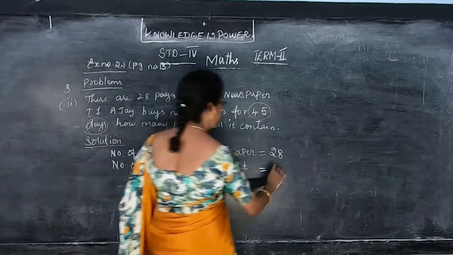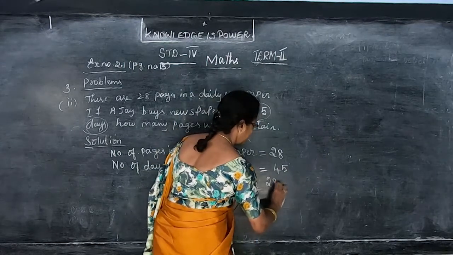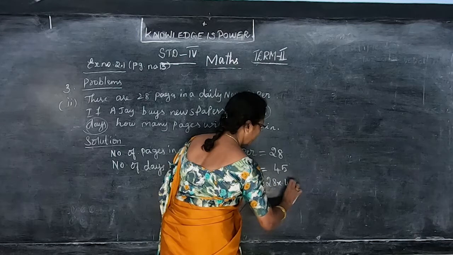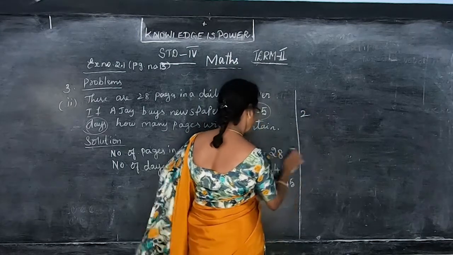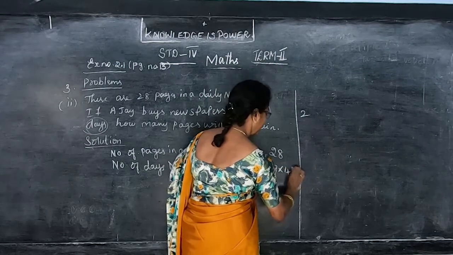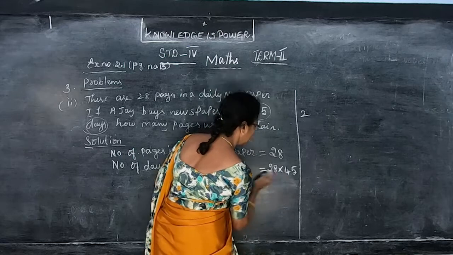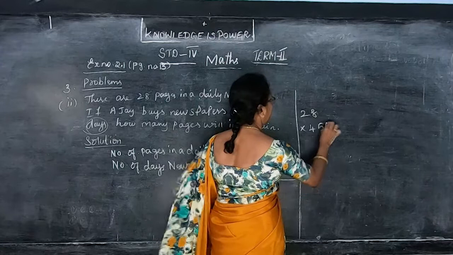How many? 45 days. So you can write 28 into 45. So in the rough column, 28 into 45, you multiply and see.